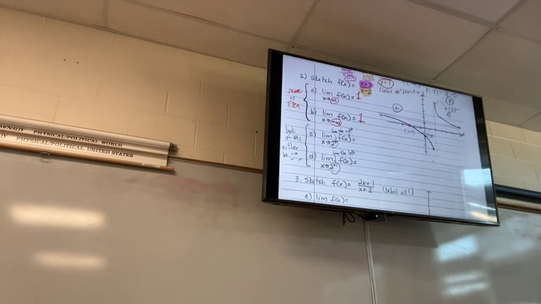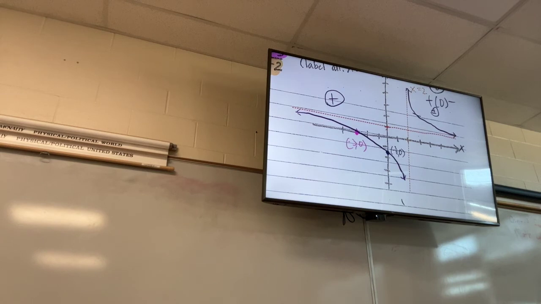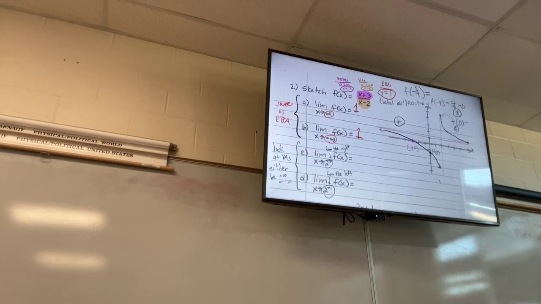As x gets really close to 2 from the right, what does f of x go to? Does it go to positive or negative infinity? From the right of that vertical asymptote, does my graph point up forever or down forever? Up forever. So this is equal to positive.